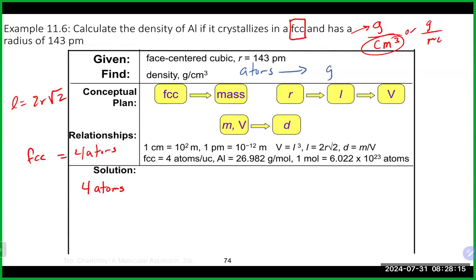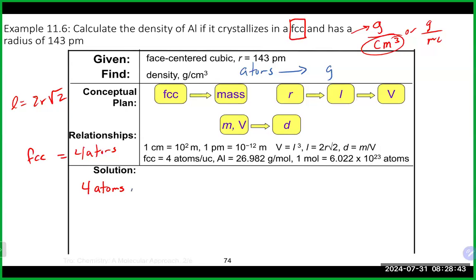How do I get to grams? We should know how to do that. If you have atoms, to get to grams you could use Avogadro's number. So you could go from atoms to moles, and then you can use the molar mass to go from moles to grams. That is how we're going to get the grams part of it. The important aspect of that is knowing that it is face-centered and it has 4 atoms. So this is really just an Avogadro calculation to start with.